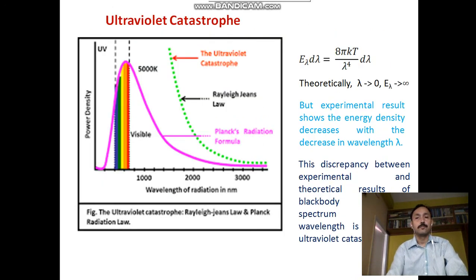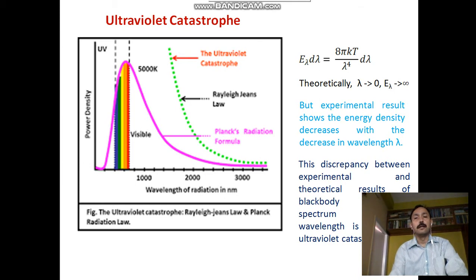Ultraviolet catastrophe. This is the energy density versus wavelength plot. Now from Rayleigh-Jeans law, we know the energy density E lambda d lambda is equal to 8 pi kT by lambda to the power 4 d lambda. Theoretically, if lambda tends to 0, E lambda tends to infinity.